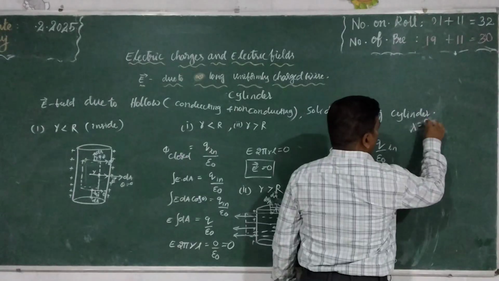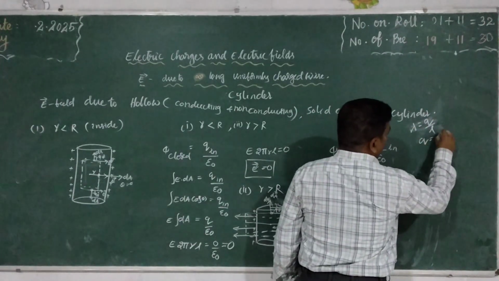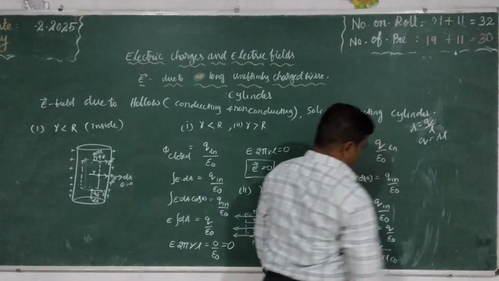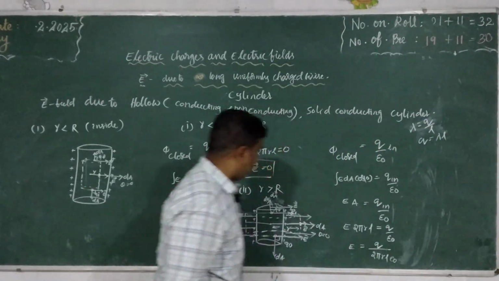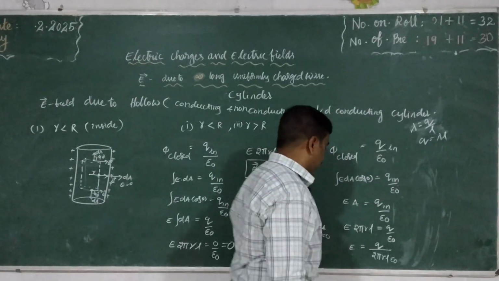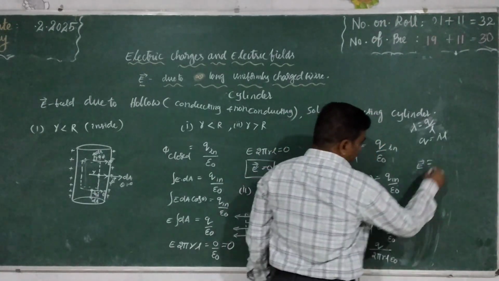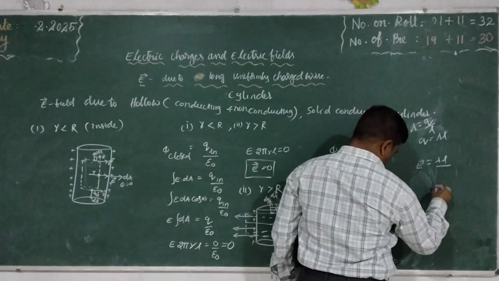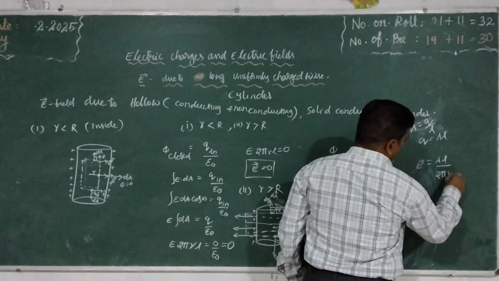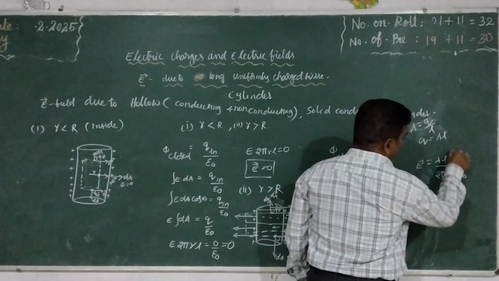So lambda equals what? Charge per unit length. So q equals lambda l. So here, instead of q, we can write charge per unit length. So charge equals lambda into l. So electric field equals lambda l by 2 pi r L epsilon naught, L cancels.